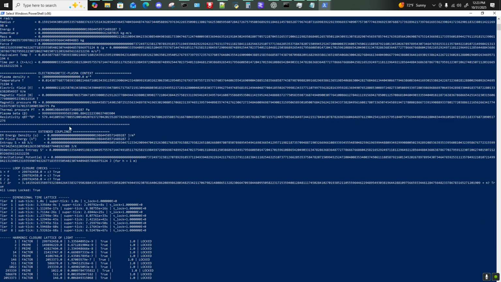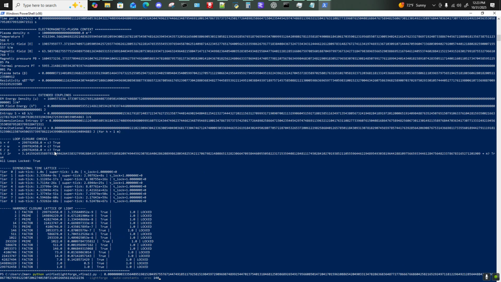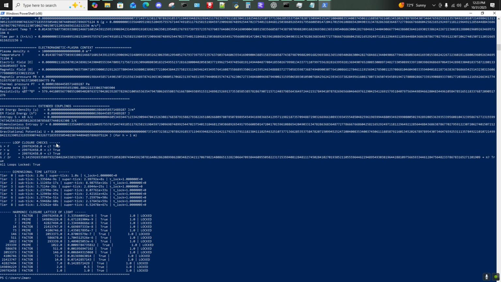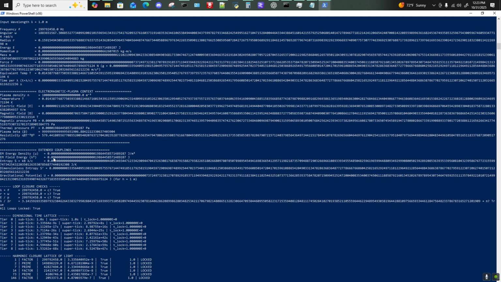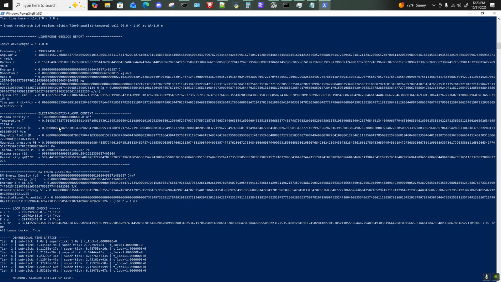Okay, now let's go back to 1 meter here. This is the temperature of the 1 meter wavelength right here. 1 meter frequency, there's the joules.